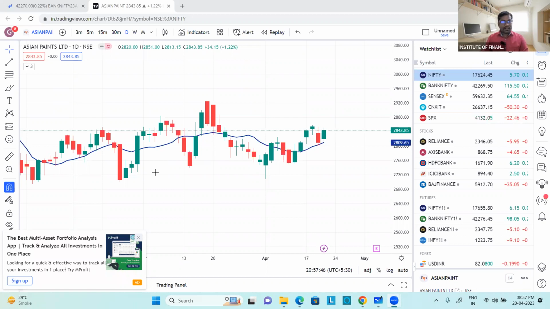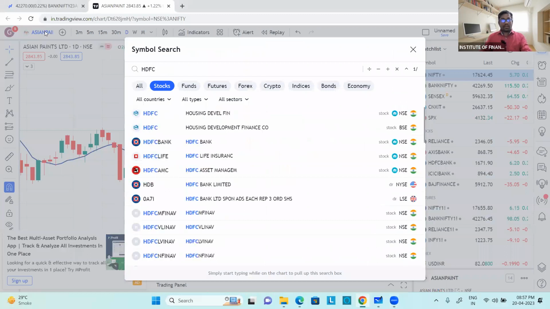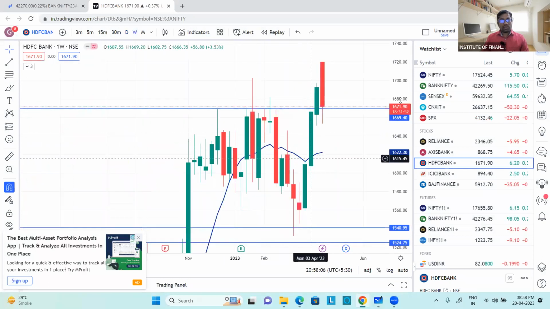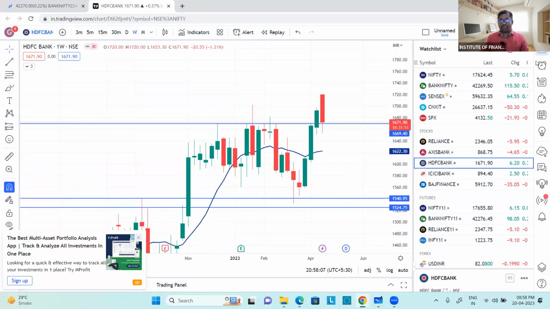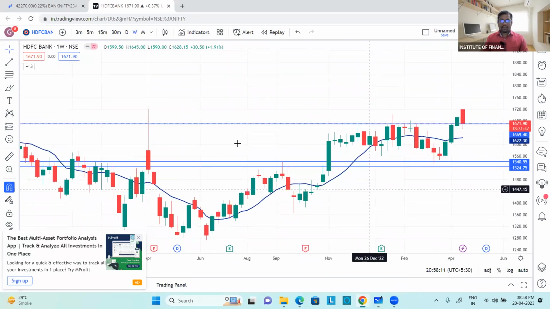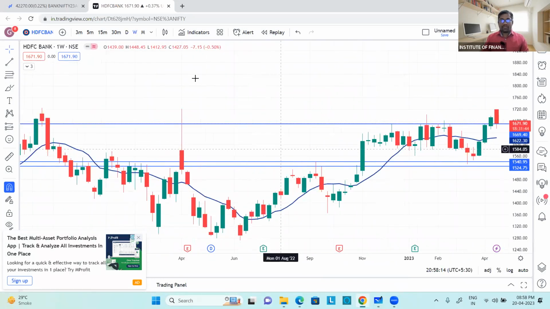Bhaskar Reddy, HDFC 18th October weekly chart. HDFC Bank, sir? HDFC Bank weekly chart. See, something is going to happen here.